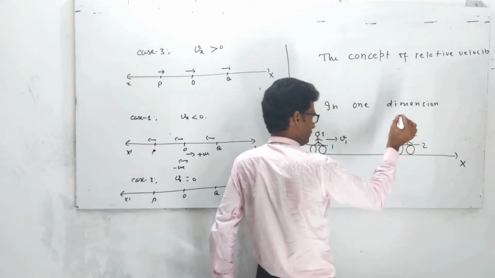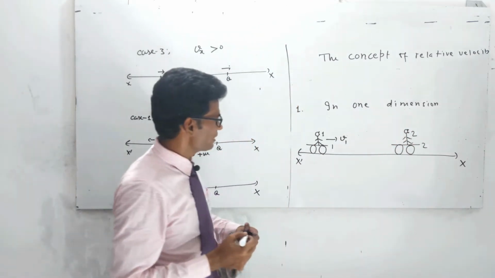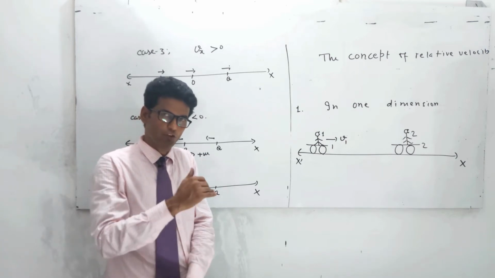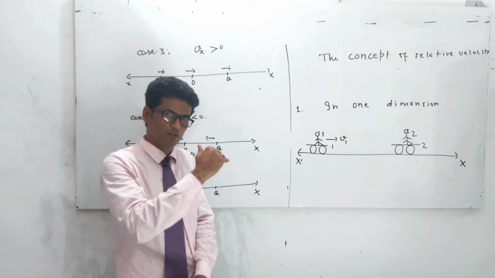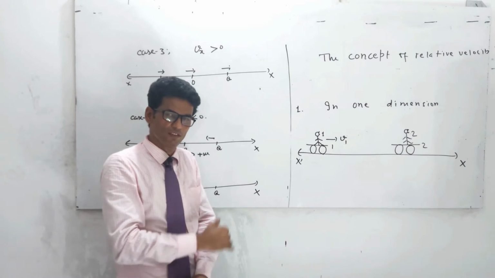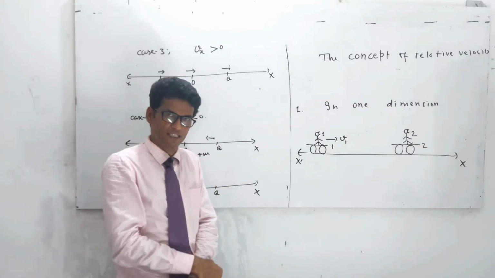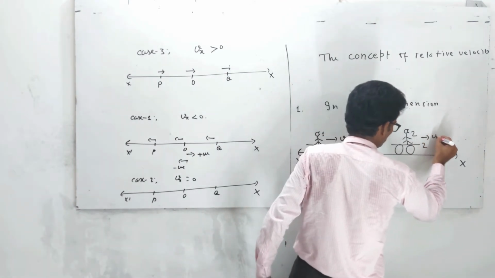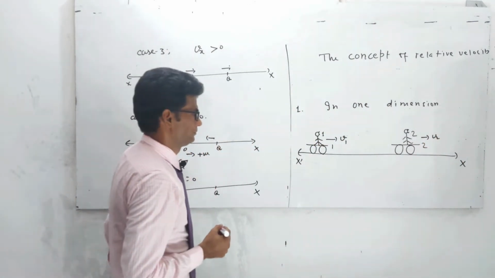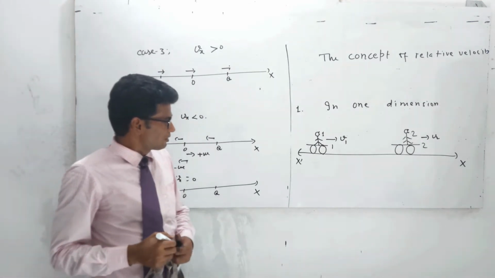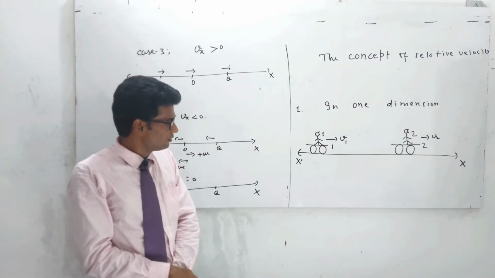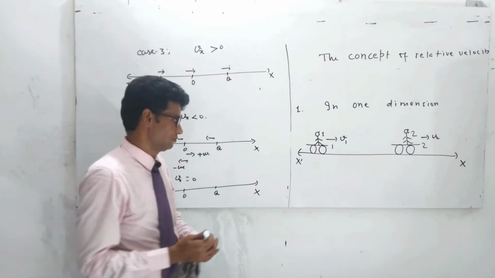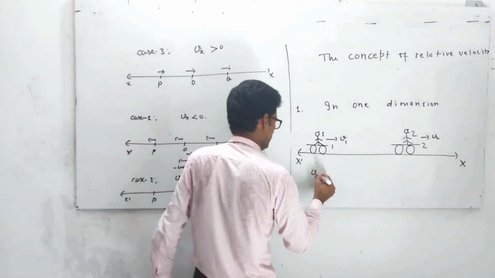However, person 2 is at rest with respect to the trolley, and trolley 2 and person 2 are moving in the positive direction of the x-axis, say with the speed v2. Now, we are interested in the relative velocity of 1 with respect to 2, here v12.